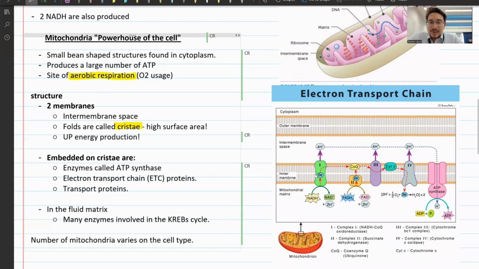Why is it important for electrons to pass from one complex to another? It's because they enable hydrogens to be pumped from the matrix side of the inner membrane into the intermembrane space side. And what that does is that it creates potential energy.